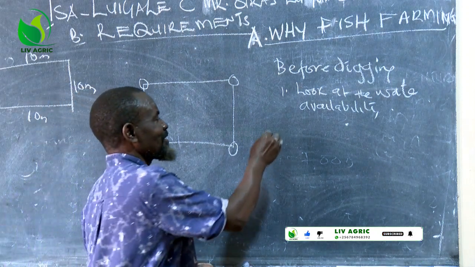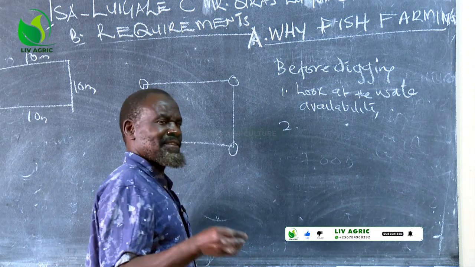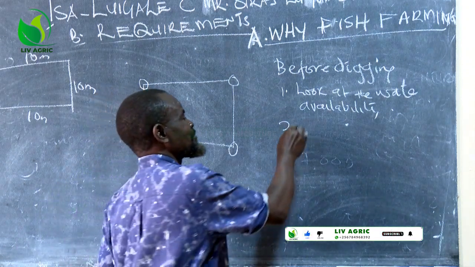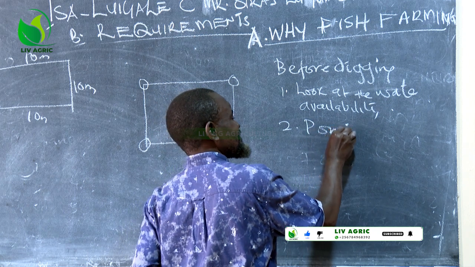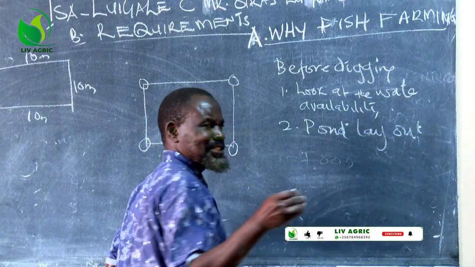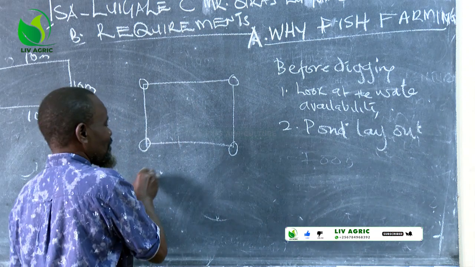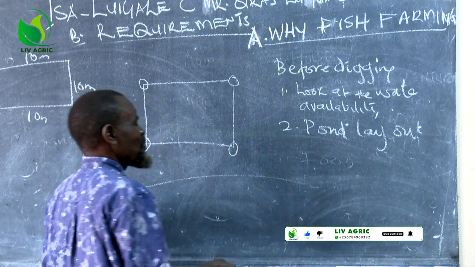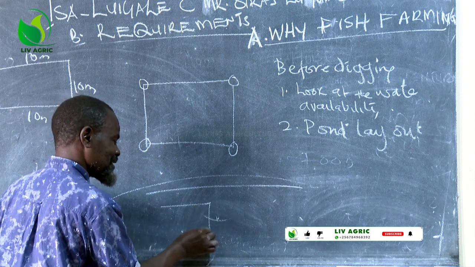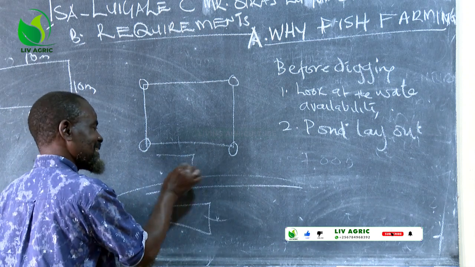And having seen that we have the water, then we must know how to lay out our pond layout. We must know if the water is flowing like this, where exactly should we place our pond? This end or this end?